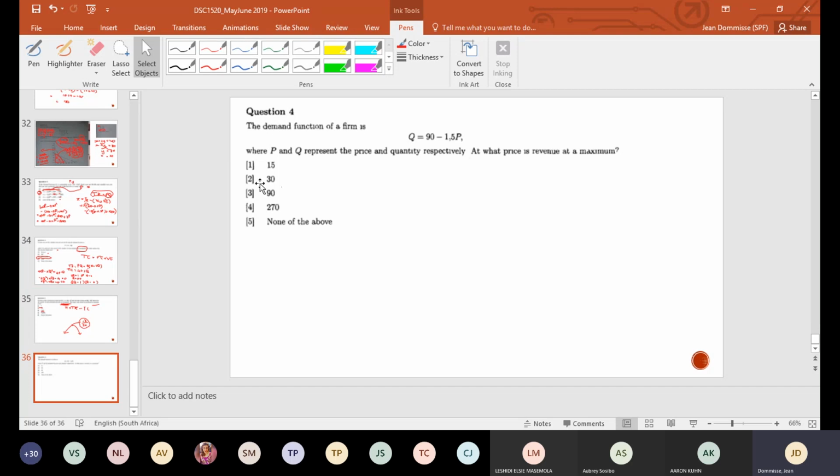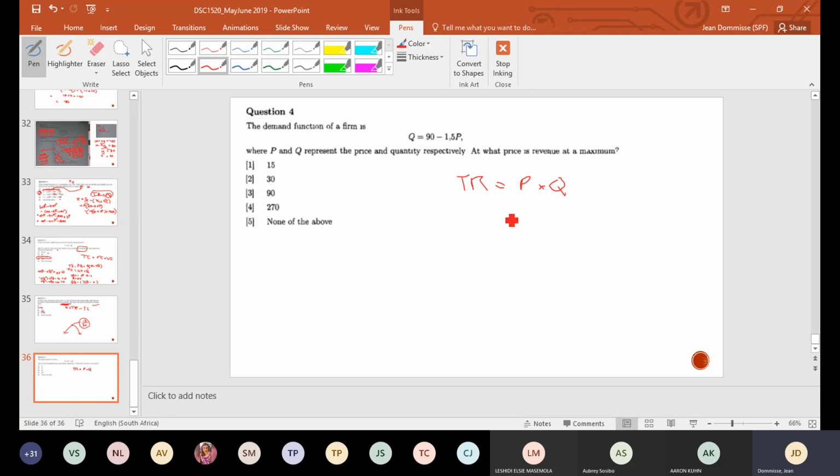The demand function. The demand function of a firm is given, where P and Q represent the price and quantity respectively. At what price is revenue at a maximum? Sure, so again, total revenue is P times Q. So now again the same.